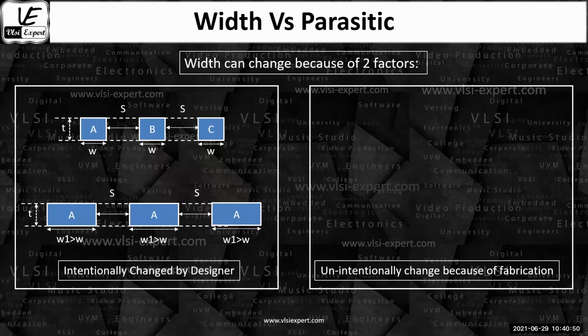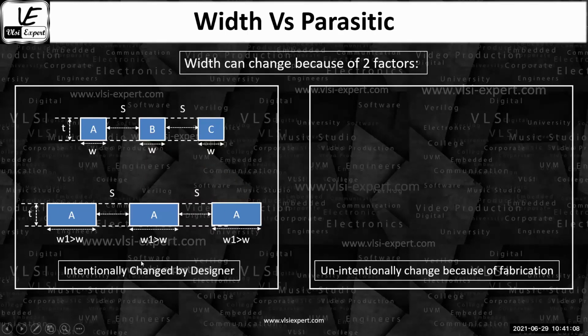The foundry provides the minimum spacing you should keep between two wires. So even if you increase the width of the wire, you make sure the spacing is as per the minimum spacing.